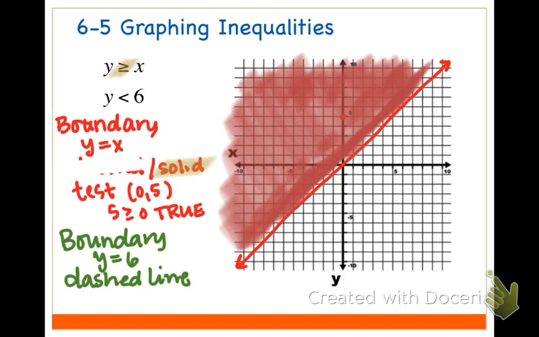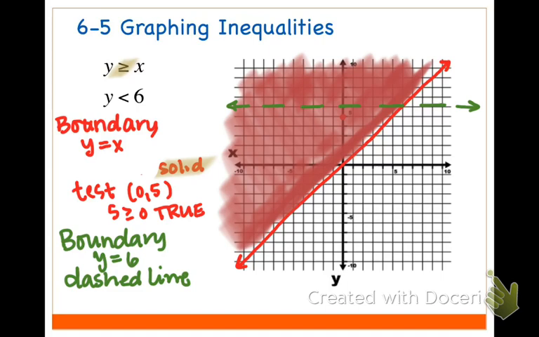So the red one was a solid line because it had the equals to. But my boundary line here for y is less than 6 is going to be a strict inequality. So y equals 6 is a horizontal line that goes through the point (0, 6). So that's going to be this boundary line here.